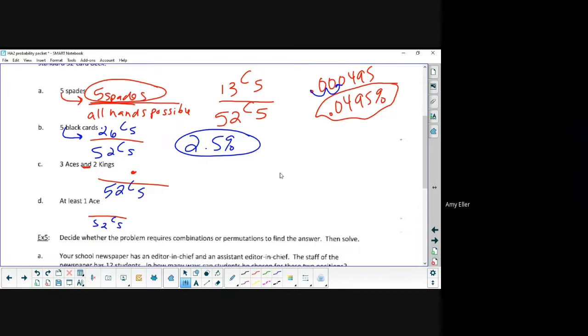So I have to get 3 aces, and there's not really that many ways to pick the 3 aces because there's only 4. But let's write 4 choose 3. And then since my hand has to have 5 cards, 3 are going to be aces. That would be a great hand, wouldn't it? 3 aces and 2 kings. What would be 3 aces and 2 kings?